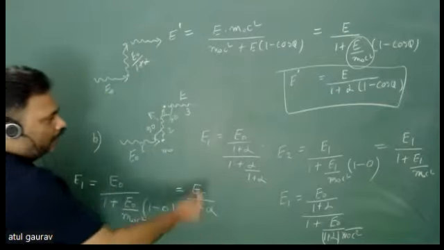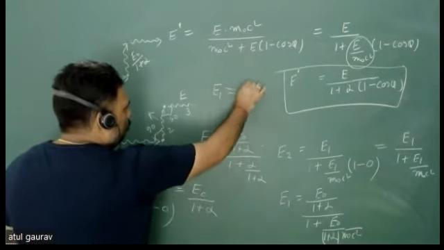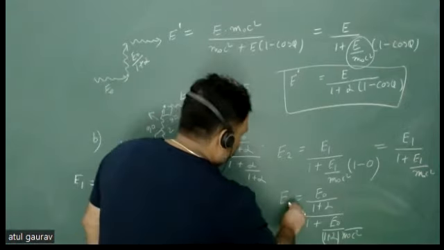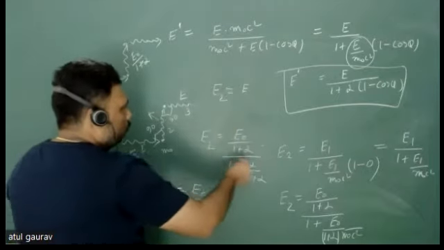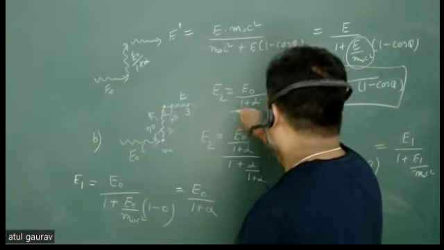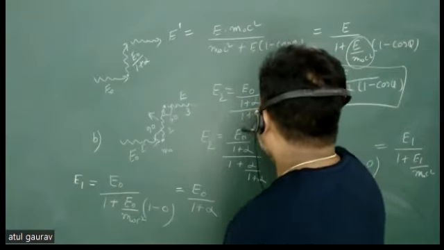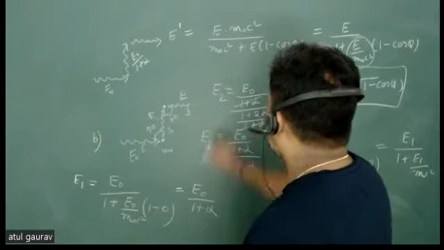And what is your E1? Sorry, I wrote E1, it is E2. This is your E2. This is E0 by 1 plus alpha, and here 1 plus alpha comes in, so it becomes 1 plus 2 alpha by 1 plus alpha. This and this will cancel out.